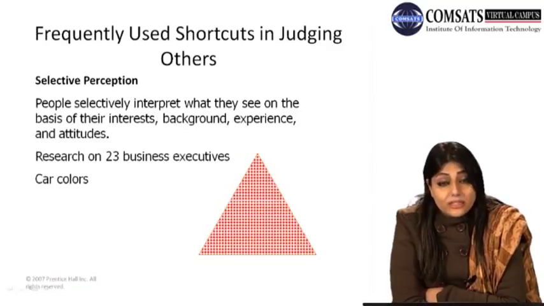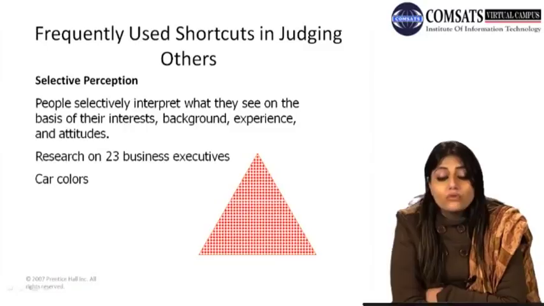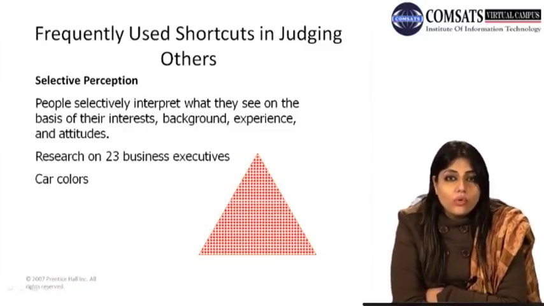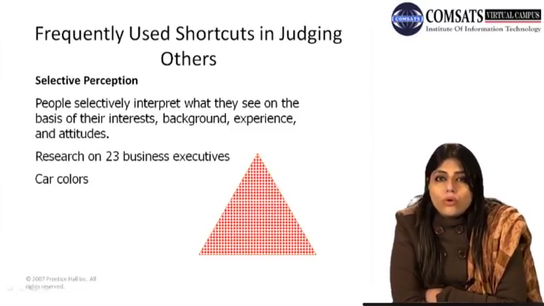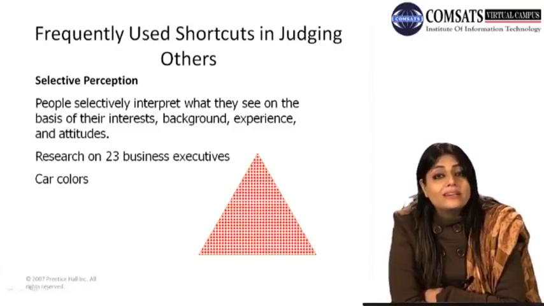So there are a number of shortcuts that are frequently used in judging others, such as selective perception, which is that people selectively interpret what they see on the basis of their interests, background, experience, and attitudes. So for example, if you're driving on a road and you like blue-colored cars, you would tend to observe the cars that are blue in color compared to any other colored car.